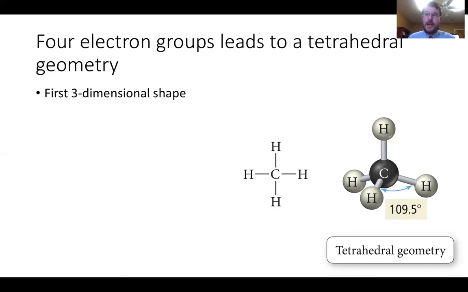However, in 3 dimensions, a tetrahedral looks nothing like that square planar shape. So tetrahedral, 109.5 degrees. It's a central atom, in this case carbon, with 4 electron groups around it.